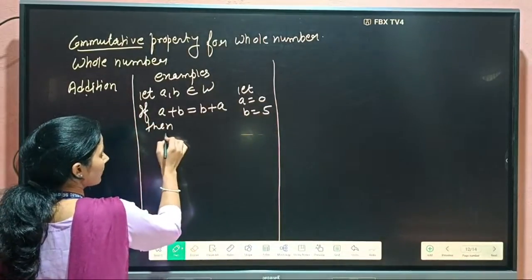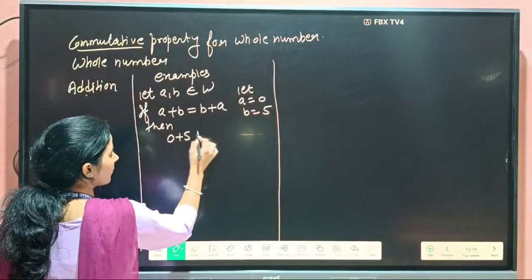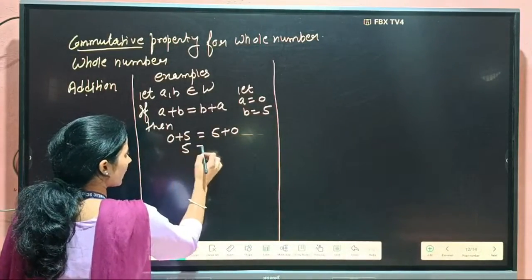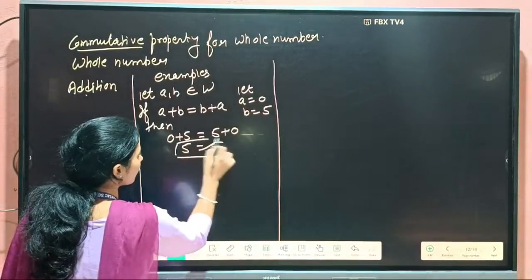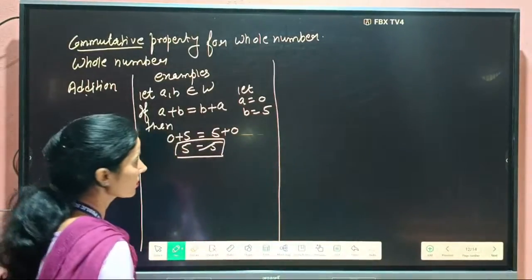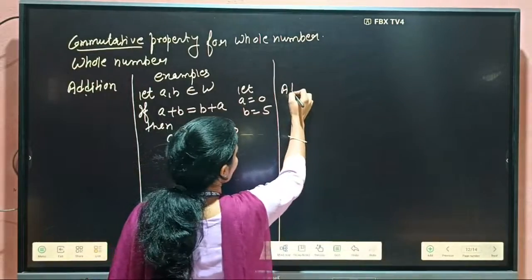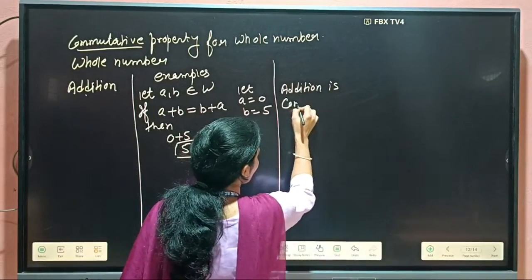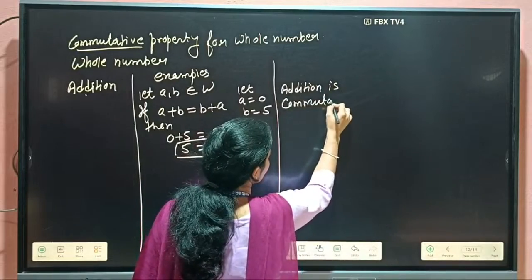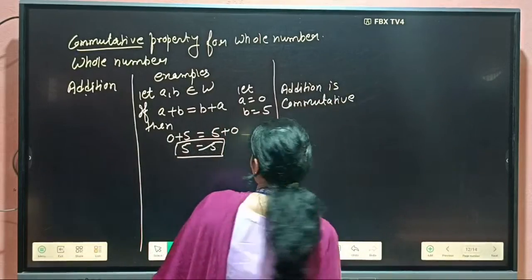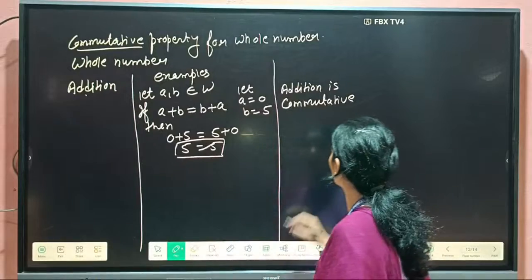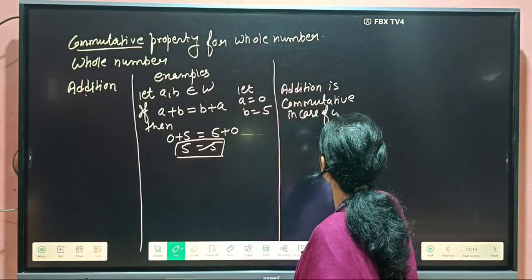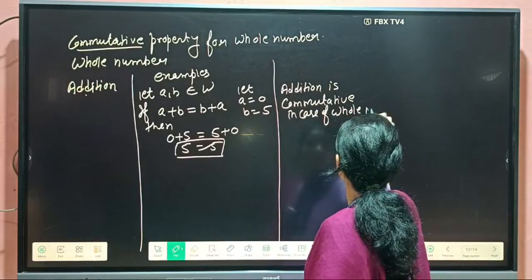Let us check: 0 plus 5 must be equal to 5 plus 0. It is 5 and this is also 5. So we can say addition is commutative in case of whole numbers.